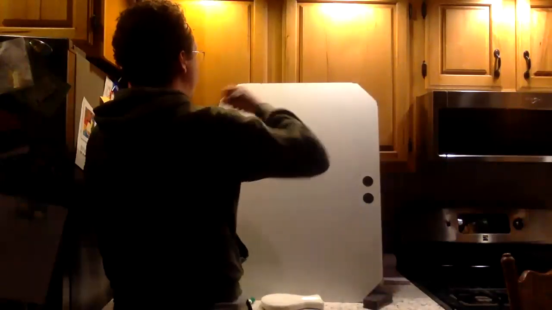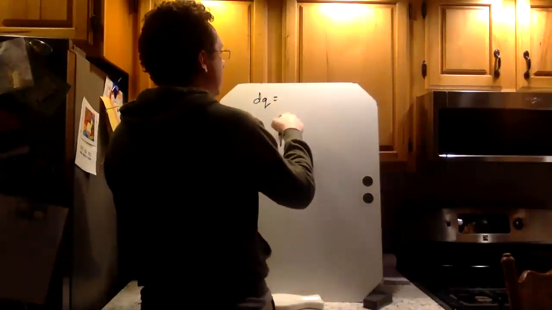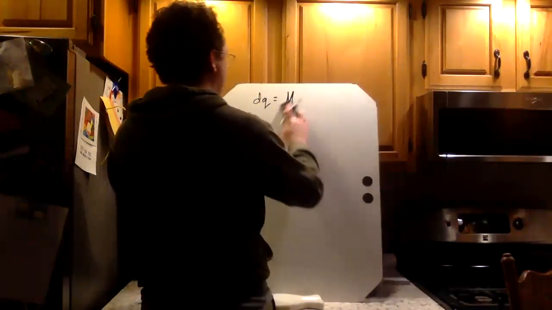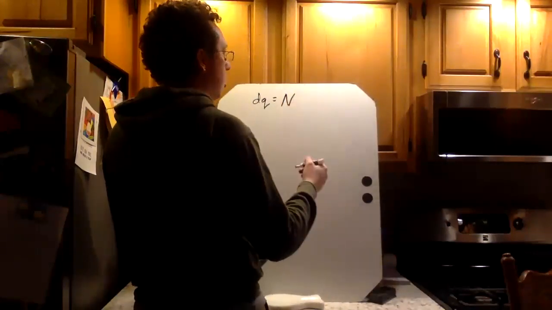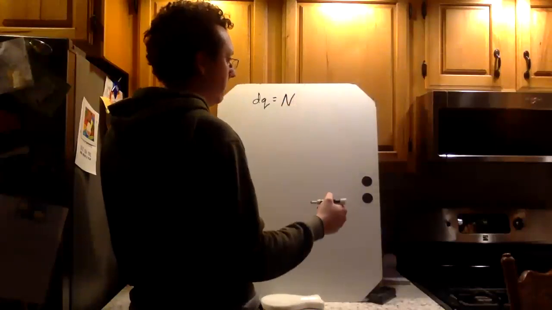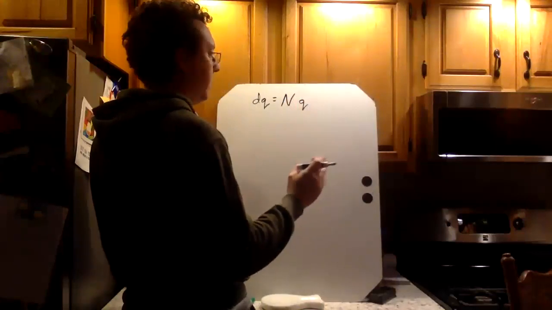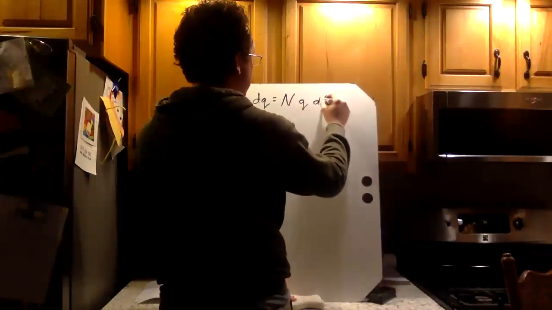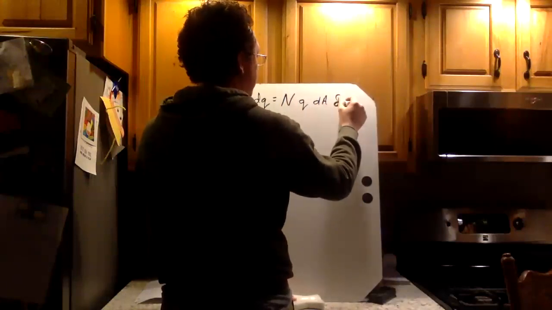So I have my little slab, and I found that dq was the number of carriers per unit volume, I'm calling that capital N, times the charge per carrier, that's just Q, times the volume of that slab. Well, I said it had area dA, and it had thickness given by delta x dotted with n.